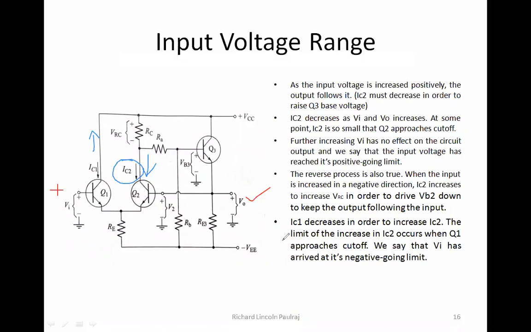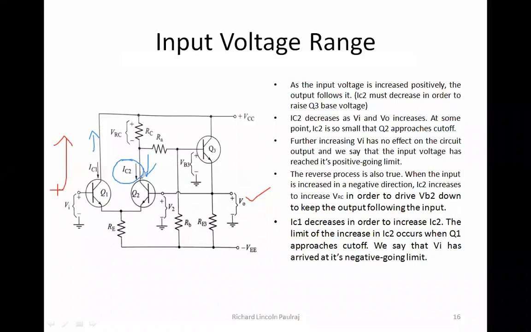So there is a limit to which we can reduce or increase the voltage level. If I keep on increasing this voltage level and make it more positive, it can only reach a point called cutoff, after which even though these levels are increased to a higher level, this cannot come down, because it's already down.